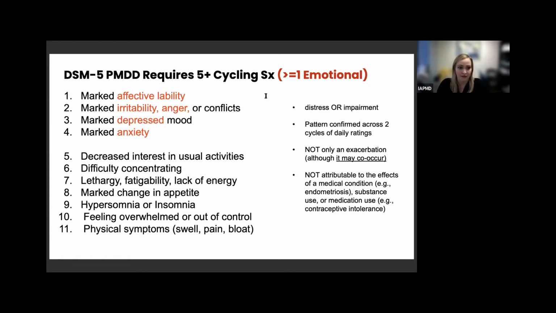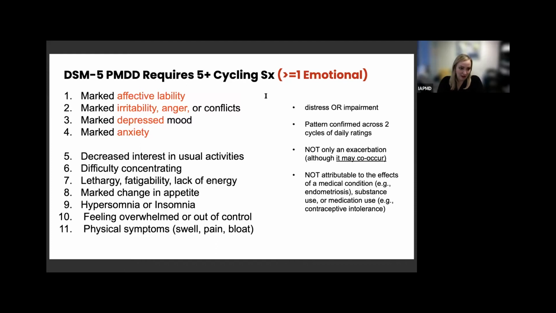This stands a little bit in contrast to major depression, where sadness and anhedonia are the most marked. So 5 total symptoms need to show this pattern that I was saying, and then at least one of those has to be from the first 4. There needs to be distress or impairment. So my lab was just talking about this the other week.